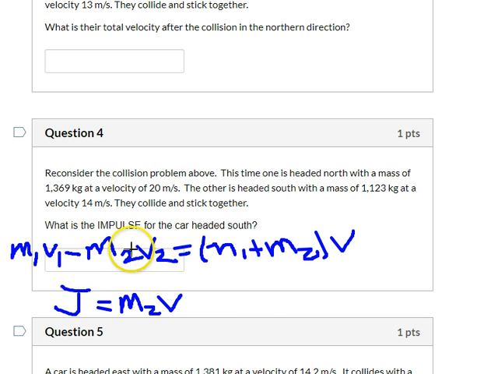This has a minus sign because it was headed the other way, so we end up adding M2 V2. And there you go, the impulse on the car headed south. It has its momentum afterwards, we subtract out its momentum before, but that minus sign is there, to get the change in momentum for this car.